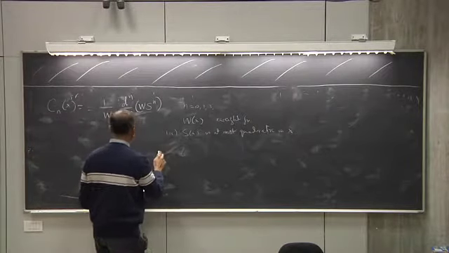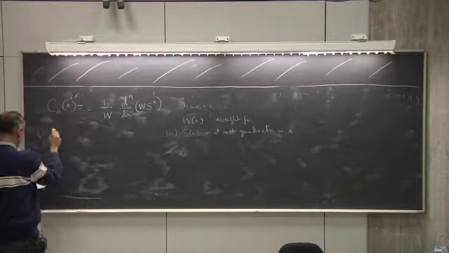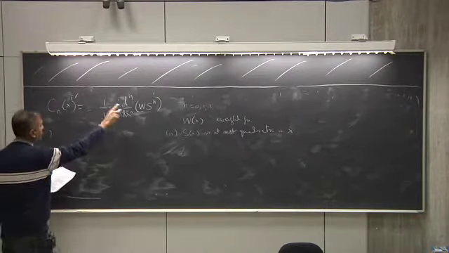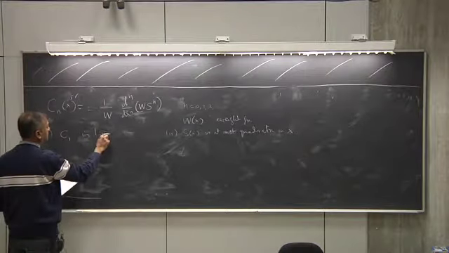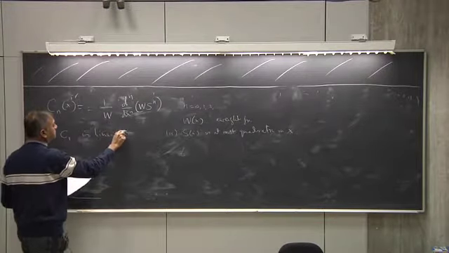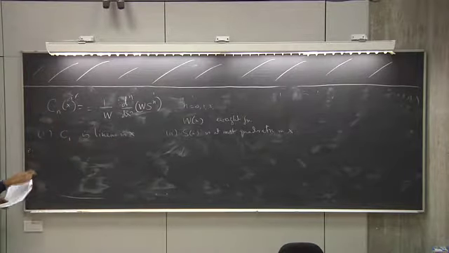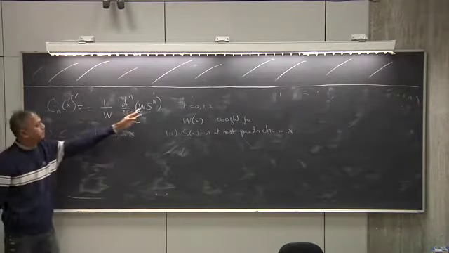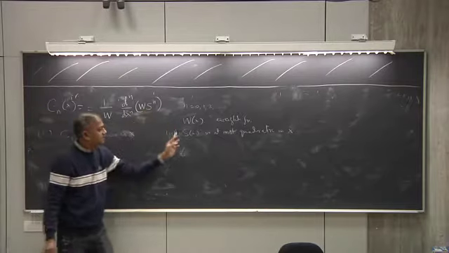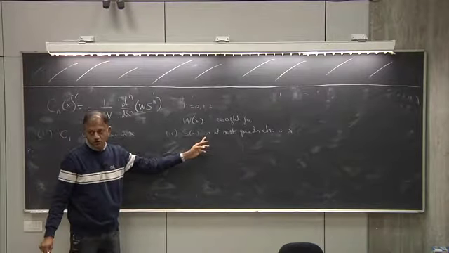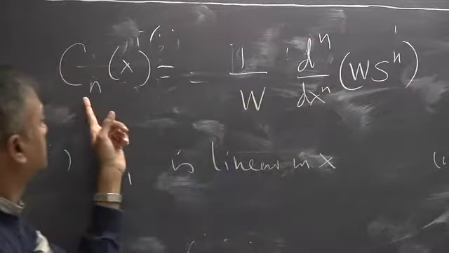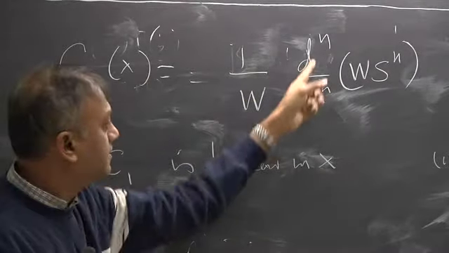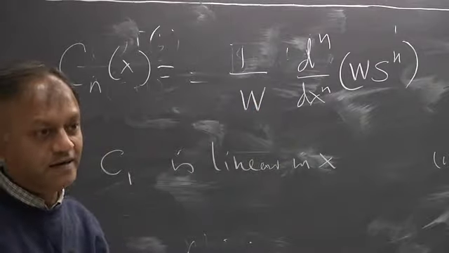The first condition was that when you define it like this, C_1 is linear in x. This is a very strong condition. Because if I just take an arbitrary w, even if I restrict myself to s being at most quadratic, it's not guaranteed that when you compute this, the result for n equal to 1 will be a linear function.